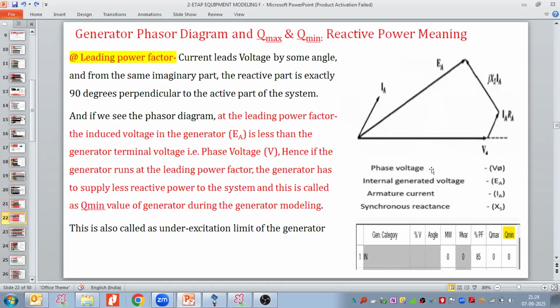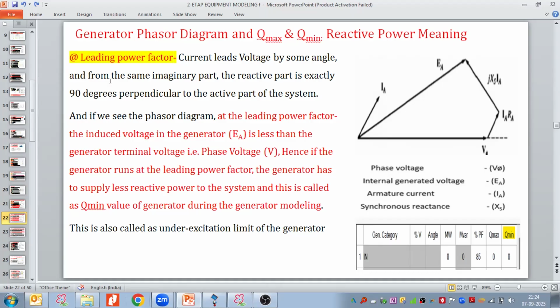This case occurs when we have the leading power factor. Again, we have the phase voltage, the terminal voltage, and suppose we have a leading power factor. With a leading power factor load, my current leads the voltage by some angle.